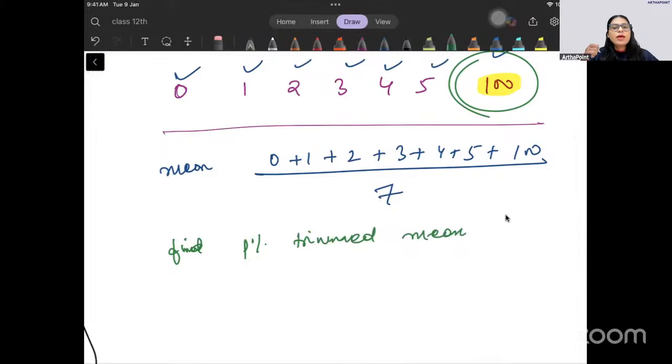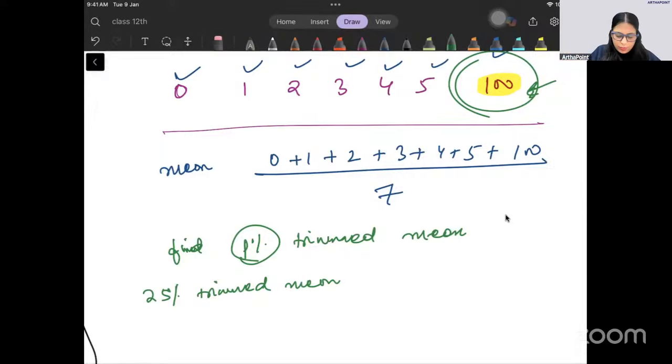And what is the meaning of p% trimmed mean? It means you reduce the data by p%, because this 100 is highly misleading. The value of this 100 is very misleading, so we have to remove it. How can we remove it? Suppose this p can be anything. Suppose I ask you to find 25% trimmed mean. Right? So you remove 25% data from both ends. Suppose I'll add one more value so that the calculation is easy.